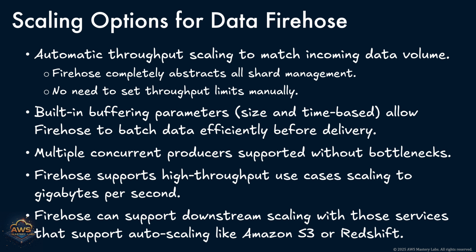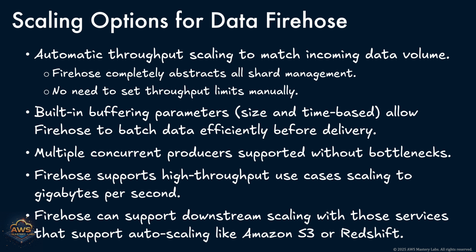You can fine-tune these parameters, but Firehose is smart enough to adjust dynamically for high-throughput pipelines. Firehose is built to support high-throughput use cases, capable of handling gigabytes of data per second. Whether you're streaming telemetry from millions of IoT devices or ingesting clickstream data from web applications, Firehose scales automatically to meet the demand without interrupting data flow.